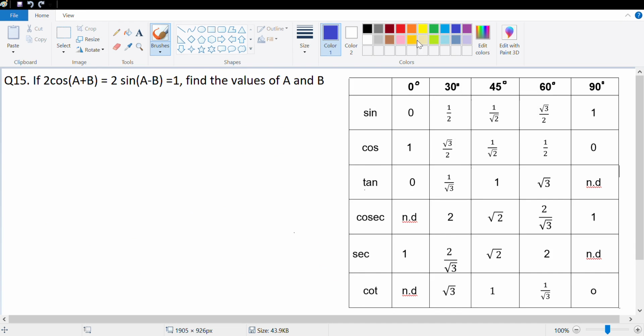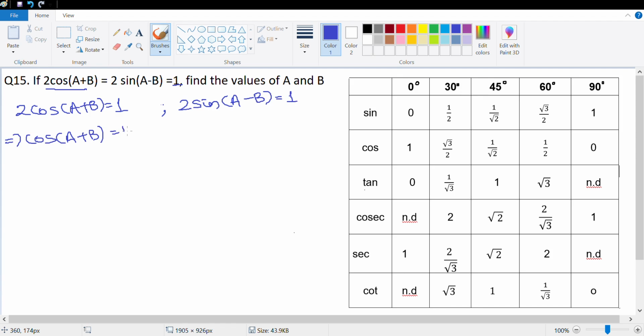Question 15 says if 2 times cos (a plus b) is equal to 2 times sine (a minus b) is equal to 1, find the values of a and b. So let's look at the first part, which means 2 cos (a plus b) is equal to 1, and the second one is 2 sine (a minus b) is equal to 1, which means cos (a plus b) is equal to half, and the second equation tells us sine (a minus b) is equal to half.